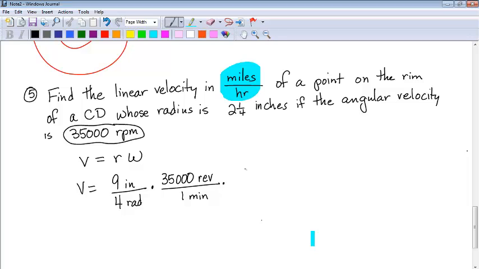Let's do the time first. So if we do the time, 1 minute. Oh, no, sorry, I want the minutes to divide out. 60 minutes in 1 hour. That would get the minutes to divide out, and we'd be in hours.